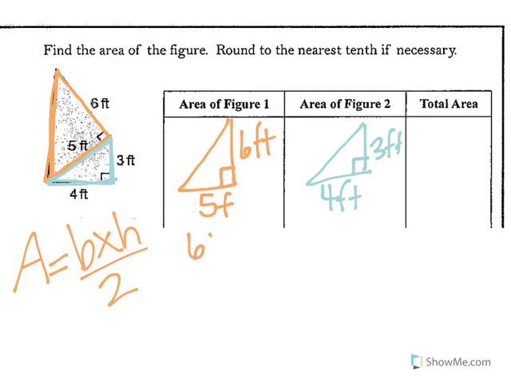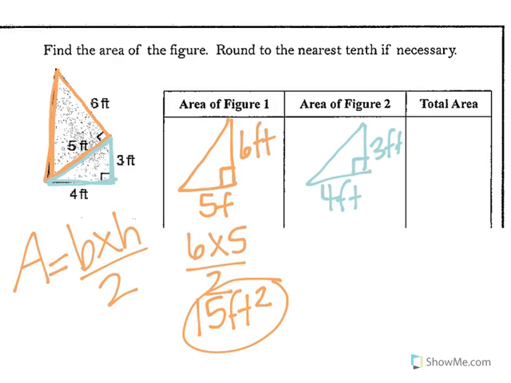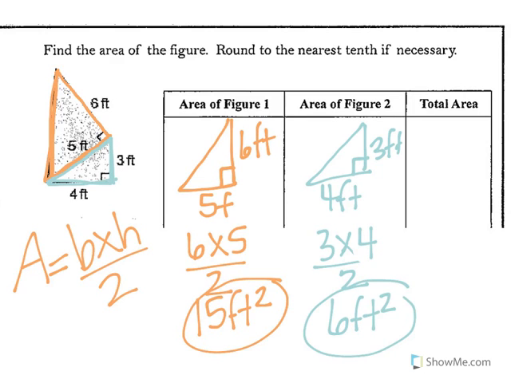So I have 6 times 5 divided by 2, which gives us 30 divided by 2, which is 15 feet squared. Then I have a 3 by 4 triangle divided by 2, which gives us 12 divided by 2, which is 6 feet squared for that triangle.